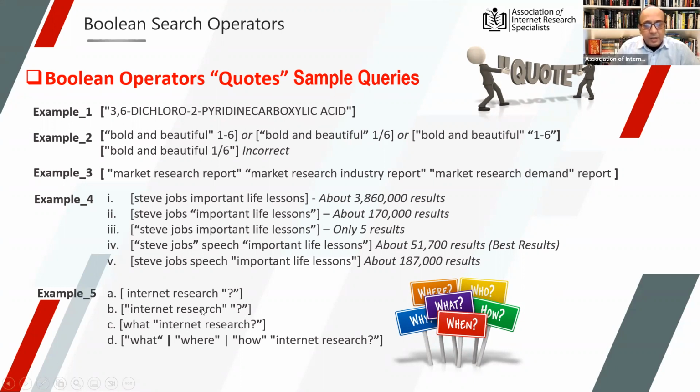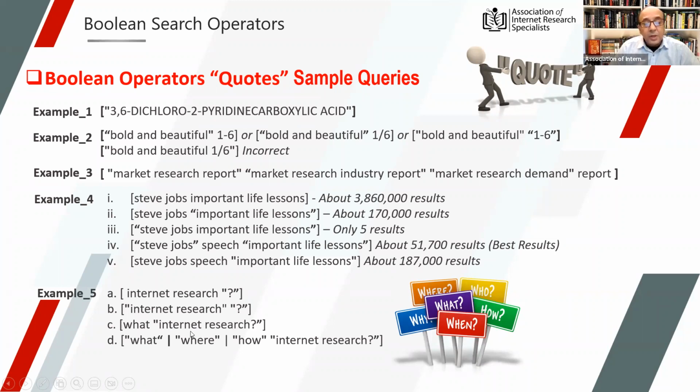Now, A and B are probably more difficult to get to where you want to go, but in C, I can sense that it could be better than A and B. And it's because, you see, if I put internet research and the question mark at the end and enclose it all inside of the quotes, it is actually asking the search to find an exact mirror image of what is written, the way it's written and the sequence in which it is written.